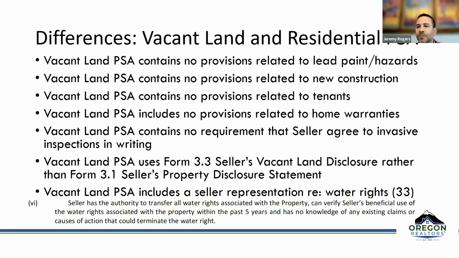Dealing with vacant land, it's more likely that a water rights issue is going to be involved, so we wanted to include that here. That's also included in our agricultural sale agreement, in the seller representation section.